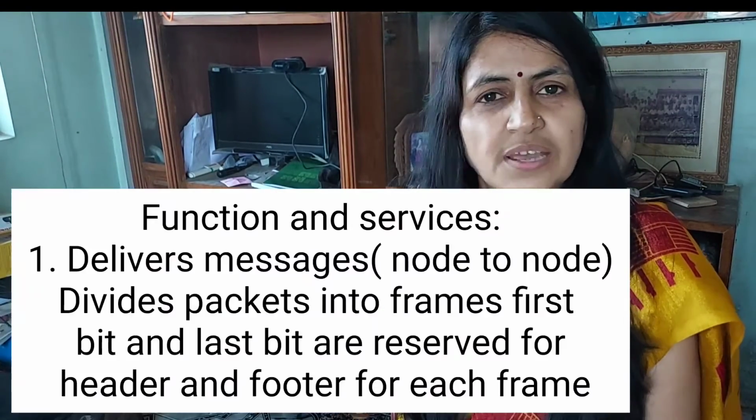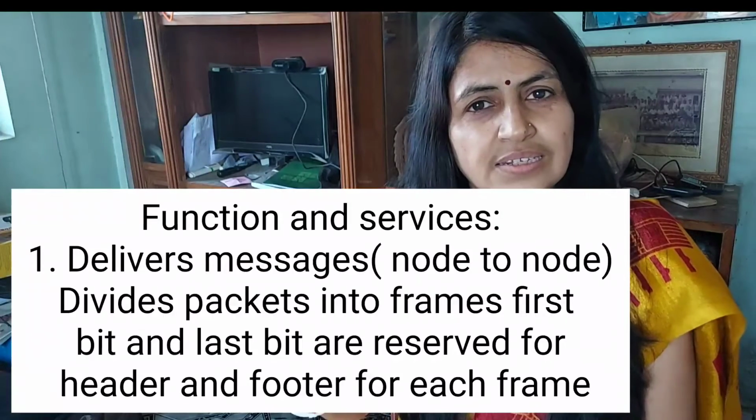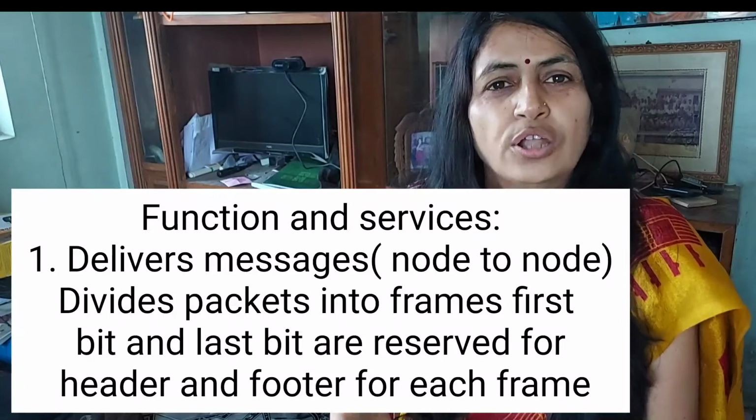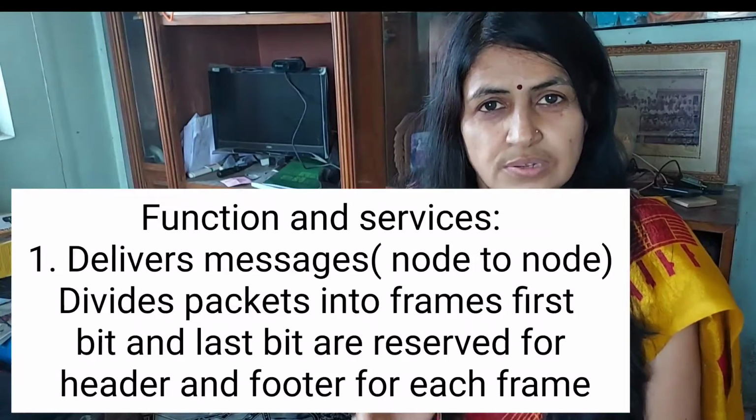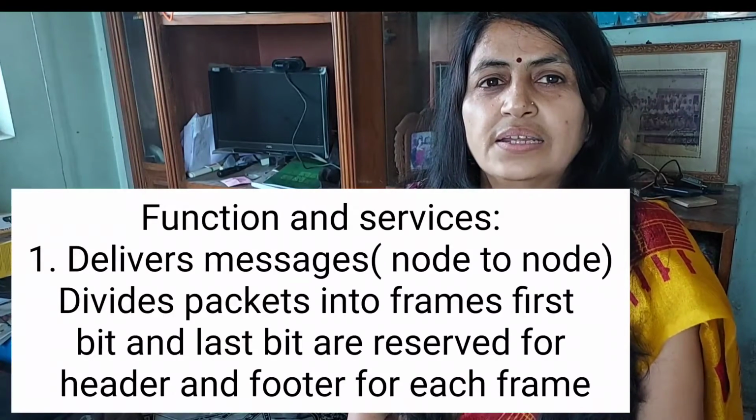The data link layer is in between the network layer and the physical layer. It receives packets from the network layer and converts them into frames, or divides these packets into frames. These frames have a first bit and a last bit reserved, and then they are sent from node to node.